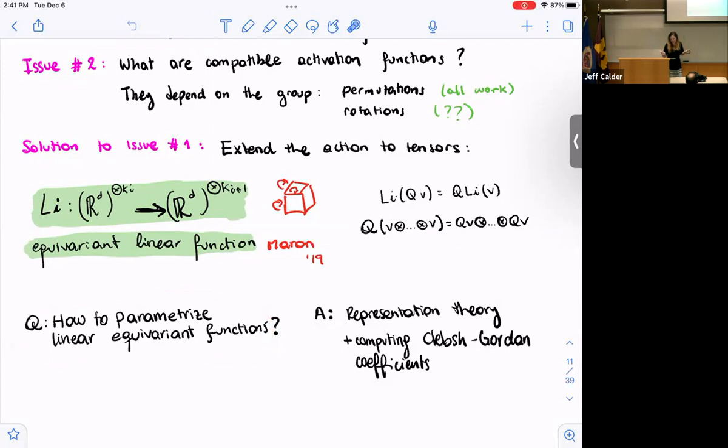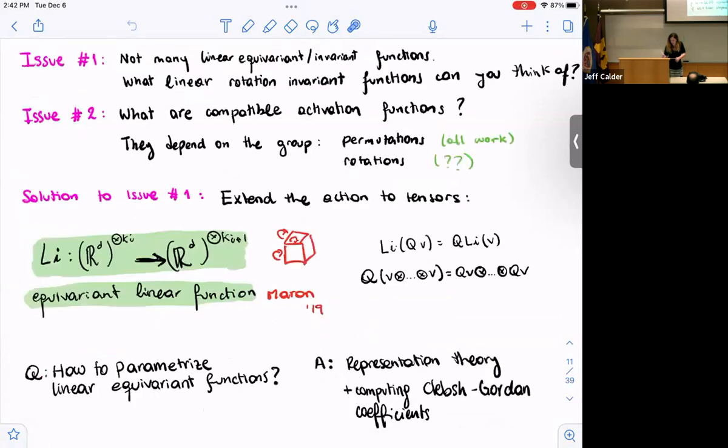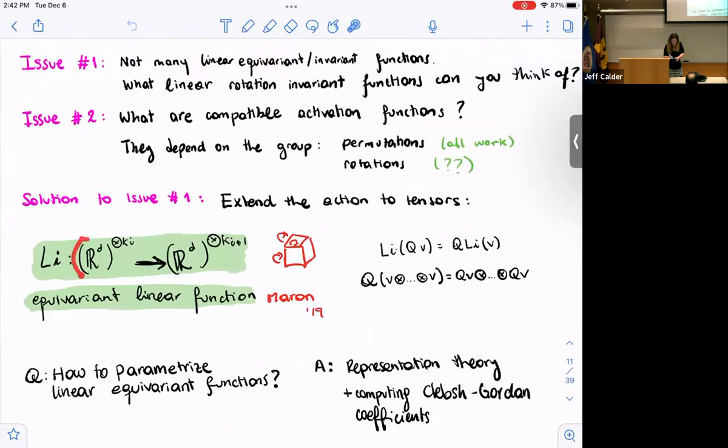So the answer is you use representation theory, and in order to do that, you will need to compute some Clebsch-Gordan coefficients, which may be hard to do in practice, but the idea is the following. Basically we are going to say that this R^d to the k that we had before is a representation of my group.